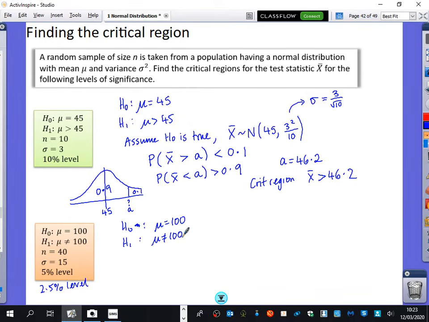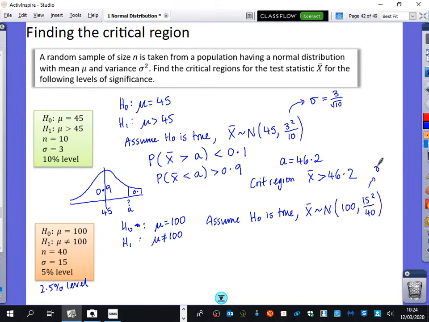So I'm going to assume that H0 is true. So X bar is going to be normally distributed with a mean of 100 and a variance of 15 squared over 40.